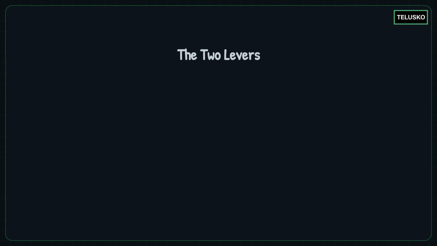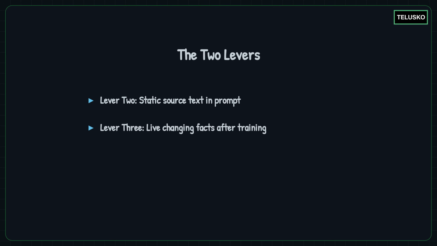Now that we have put source text into the prompt, let us look at facts that change after training finished. Lever 2 gave the model static documents to read. Lever 3 handles live data that shifts every hour. You already know the model only guesses tokens from its training patterns. But what about today's exchange rate or the current server status?